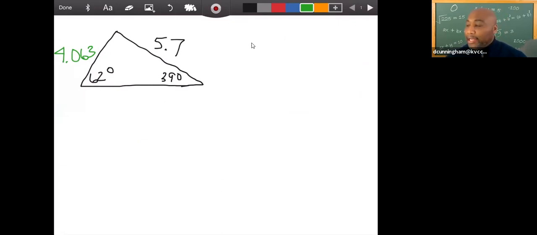So if I add the 62 and the 39 together, that will give me a value of, in our case, I want to make sure, so we add these together. And excuse me for a second.